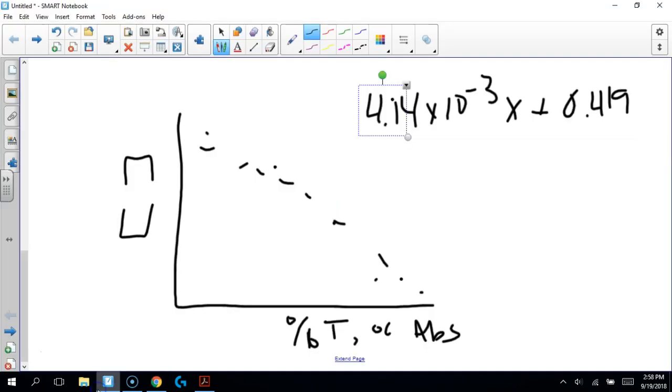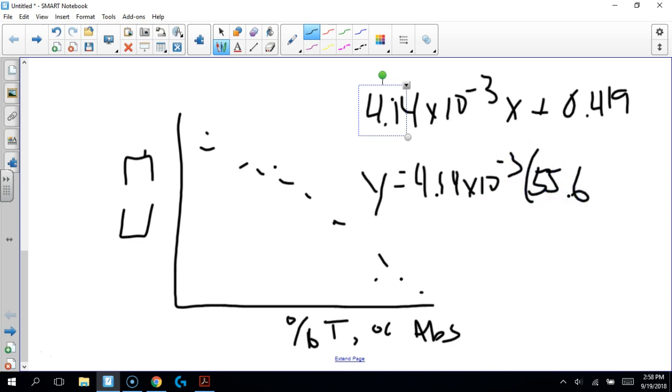So now I can come back to here and I can do y, which is concentration, equals 4.14 times 10 to the minus 3 times 55.6 plus 0.419. Okay, and then when I do that, I can't write that last 9 there for some reason. And so when I solve that equation, y is going to equal whatever it is.